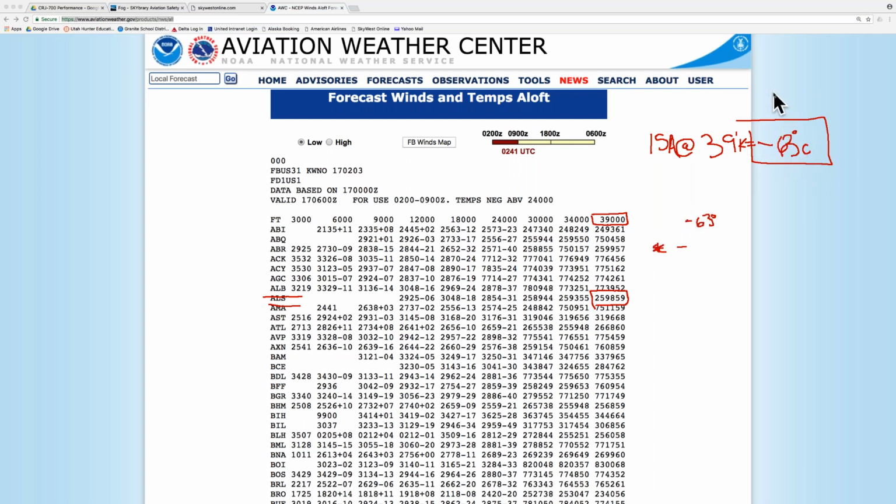Ignore that. We're going to subtract a -59, which means that we're adding it, right? So subtract a -59 degrees. What does that give us? That gives us an ISA deviation of +4. Nope, I did that wrong. Son of a gun. Don't write that down.